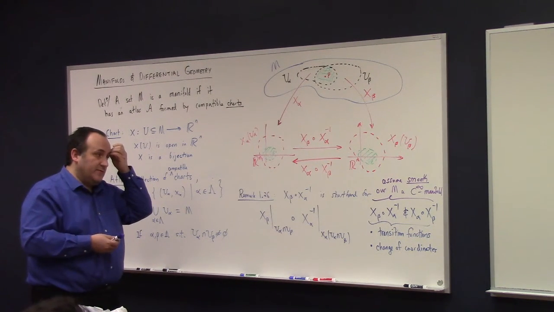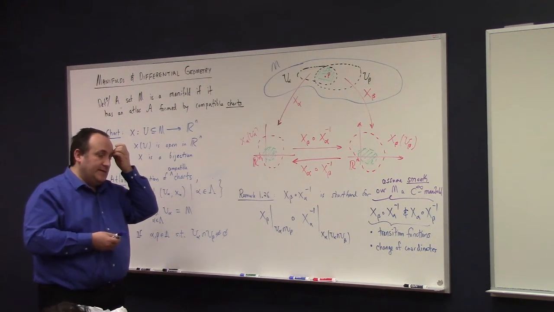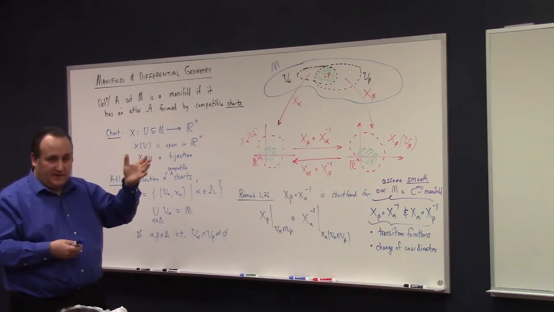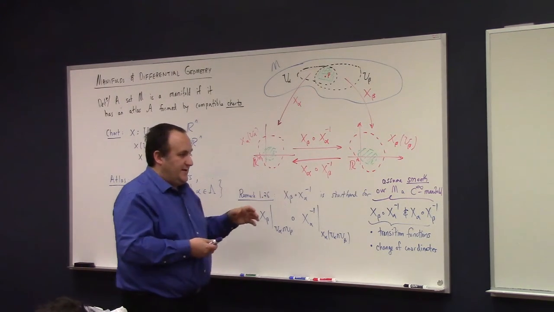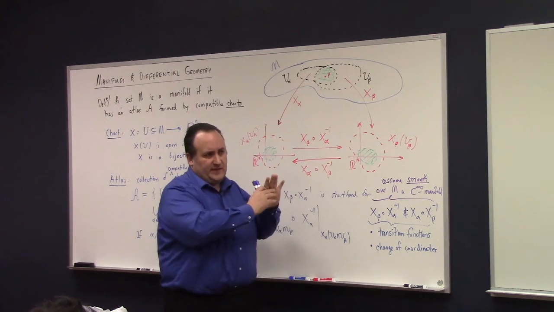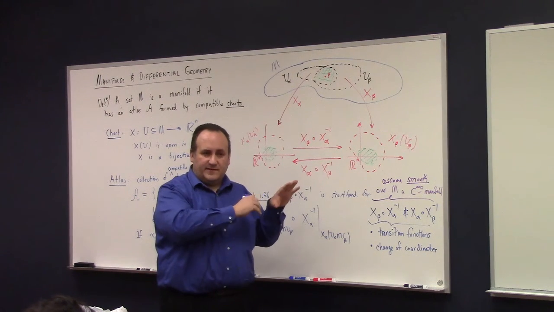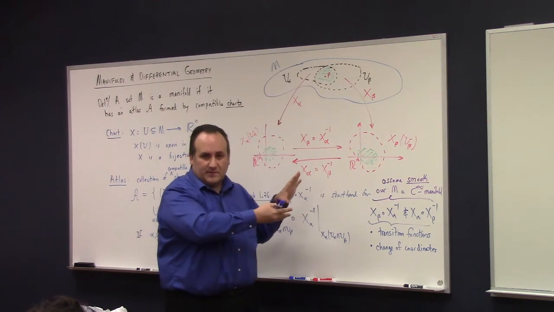But another thing Hassler Whitney proved is that if you have a CK manifold, and more specifically, if you have a CK function, a set of k times differentiable functions, inside that set there is a subset which is smooth.